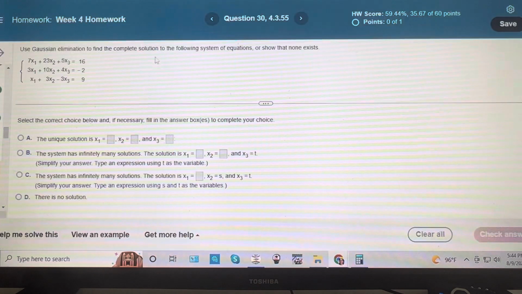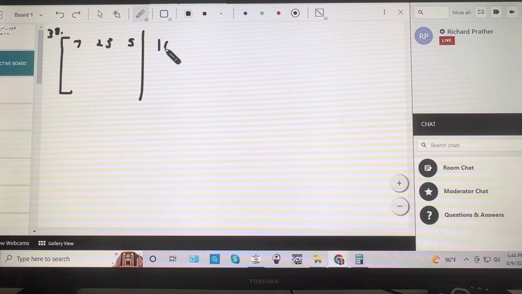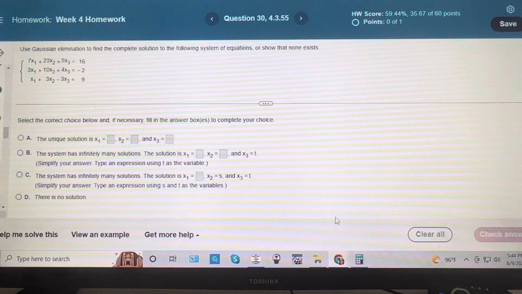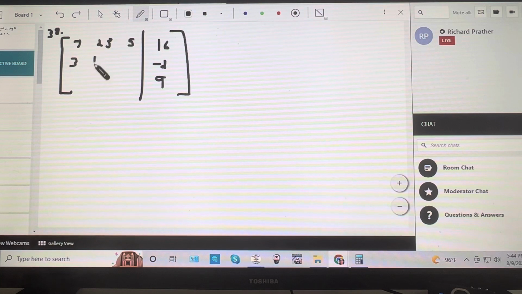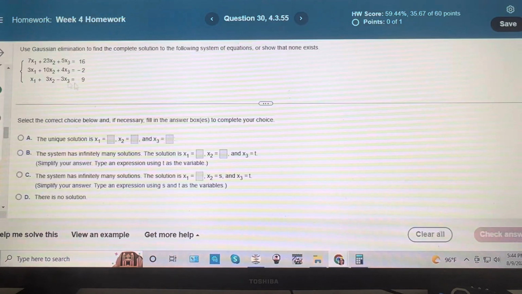And then going down, it's 16, negative 2, 9. Three, 10, 4. 1, 3, negative 3.